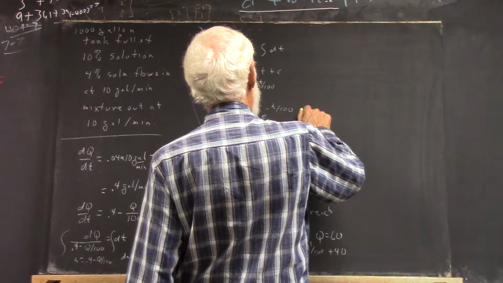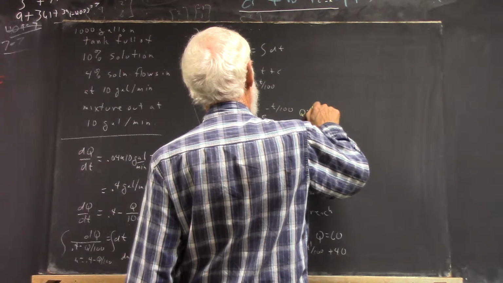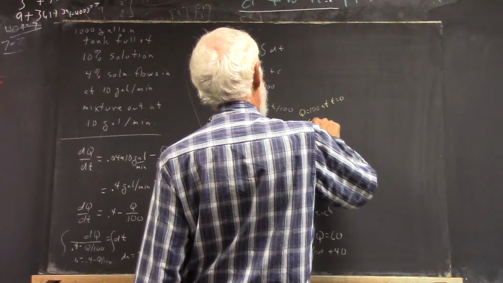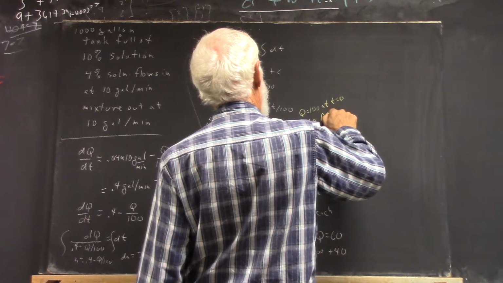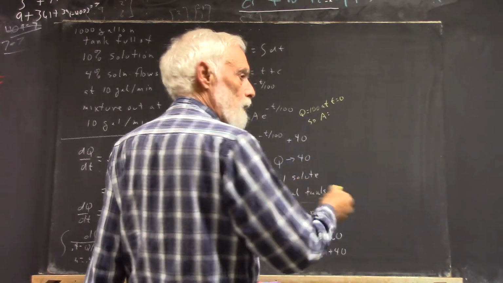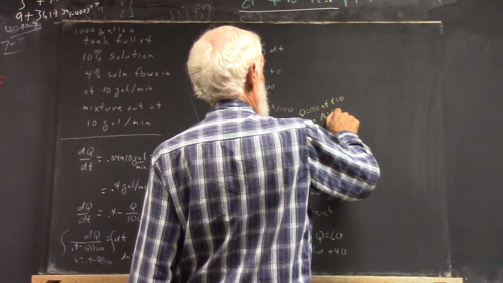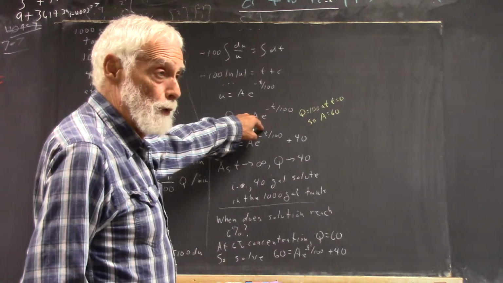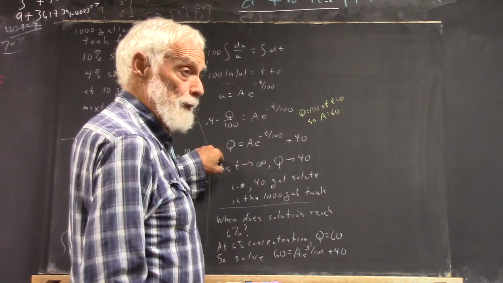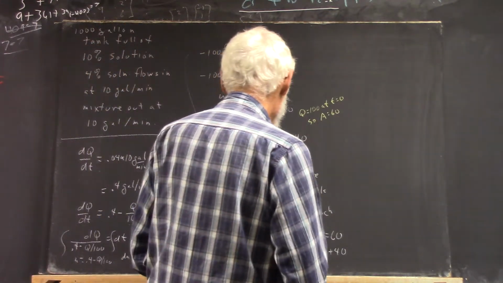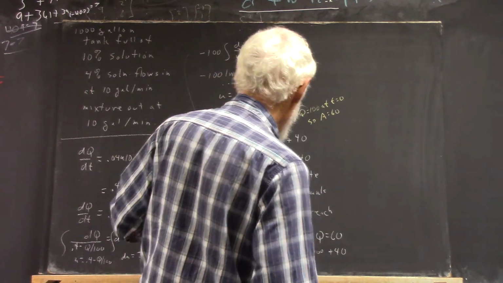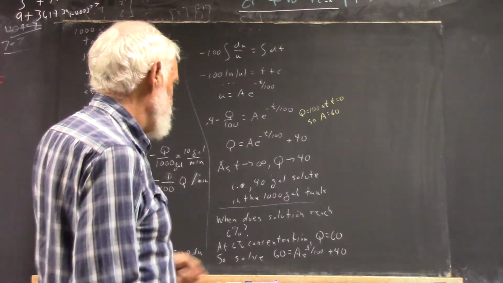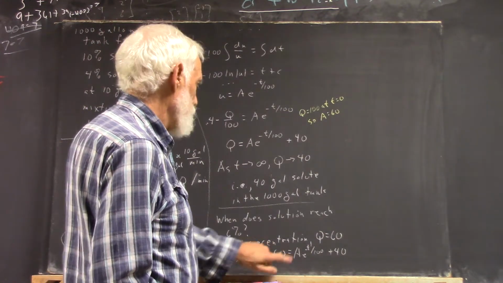So A has to be 60, right? Because e to the 0 is 1, 60 and 40 makes 100. Okay, hopefully that's clear. Okay, so it's 6% solution, you've got this, and A is 60.